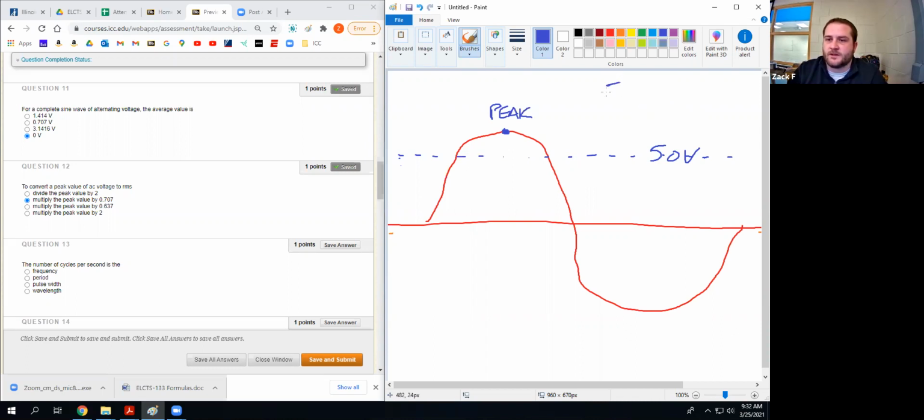You can take 50 times 1.414, or you can take 50 divided by 0.707.